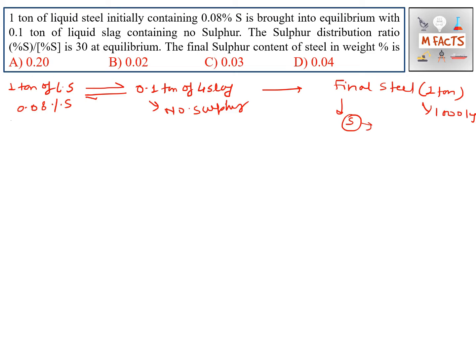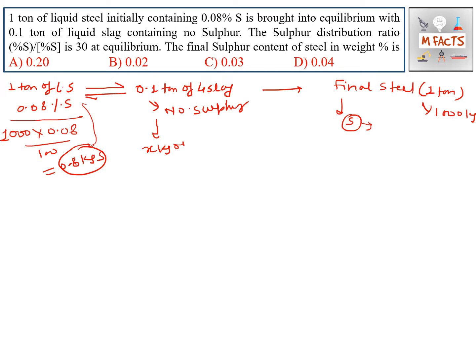The weight of sulfur in the initial steel is 1000 times 0.08 by 100, that is 0.8 kg of sulfur in the initial liquid steel. Let us suppose x kg of sulfur went into the slag.